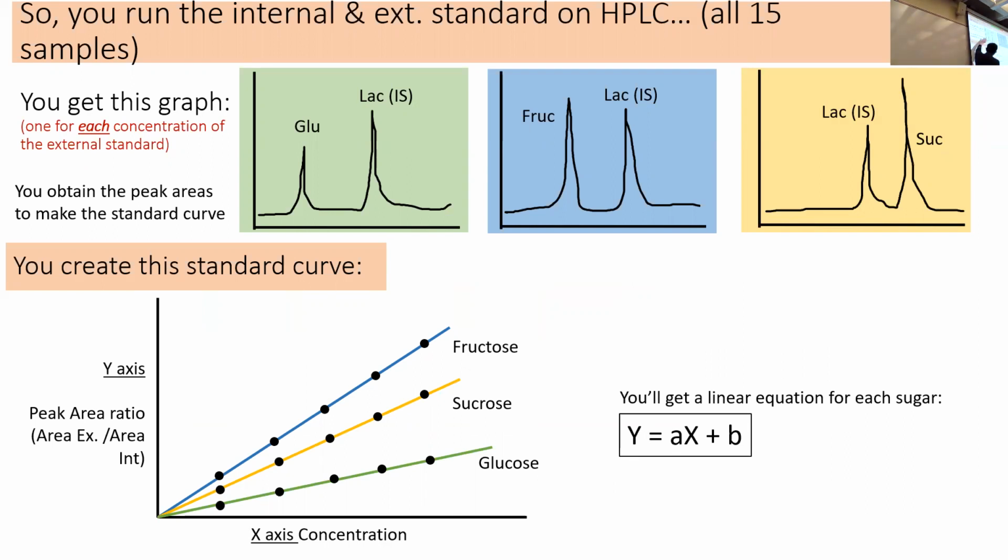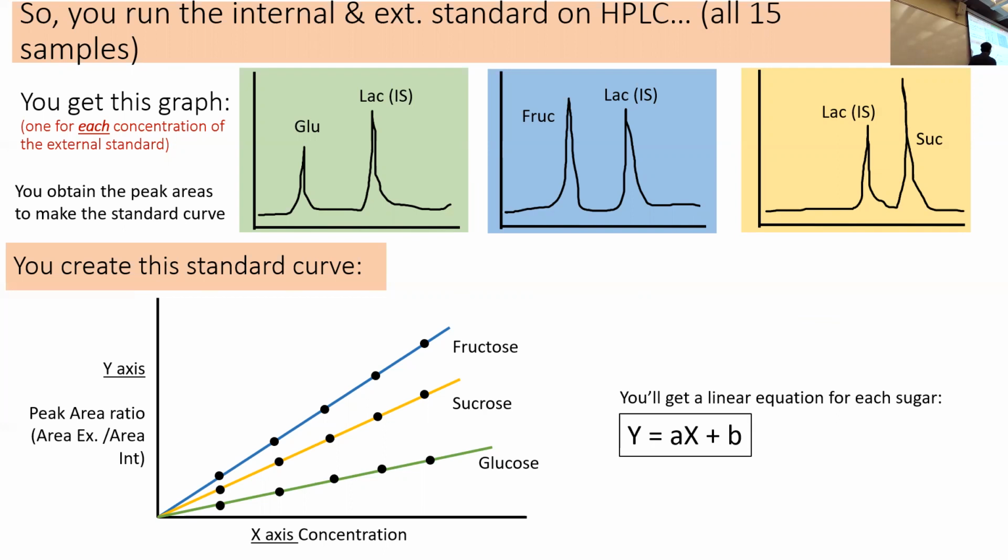If we're doing glucose, the area of glucose over the area of lactose is what you plot at the first concentration of glucose. Then the second concentration, the third, the fourth, the fifth. You have your calibration curve. You don't have to have a figure with three calibration curves.